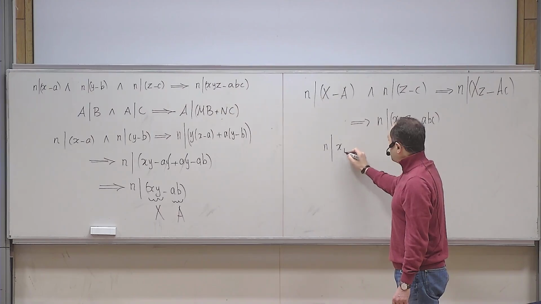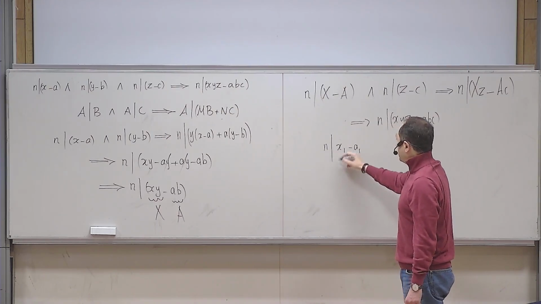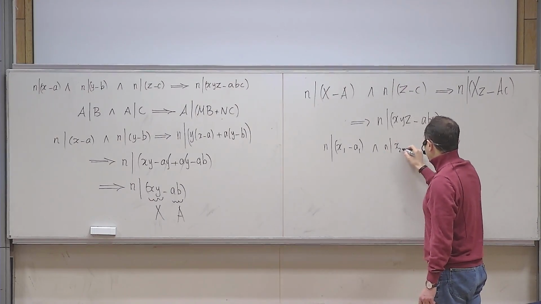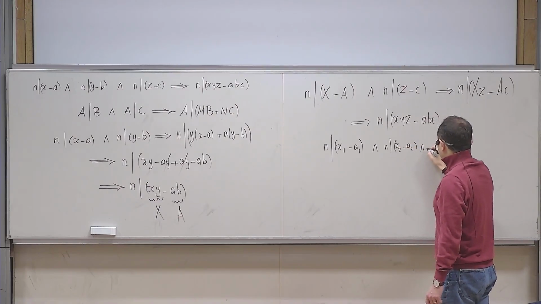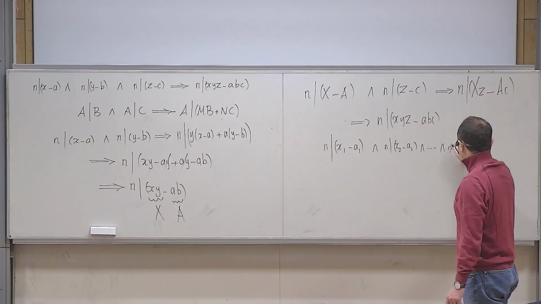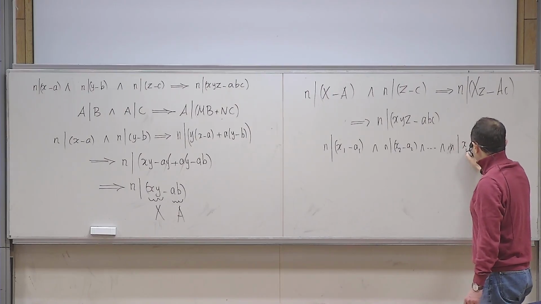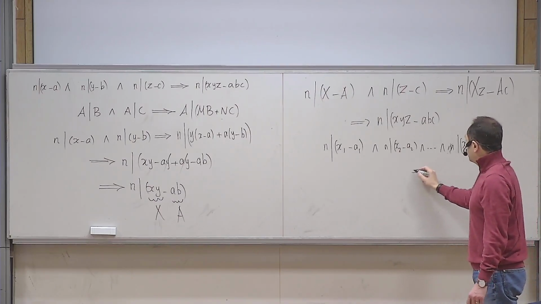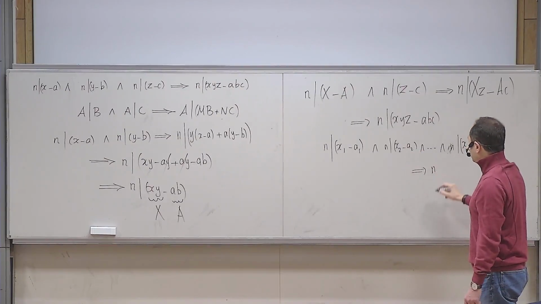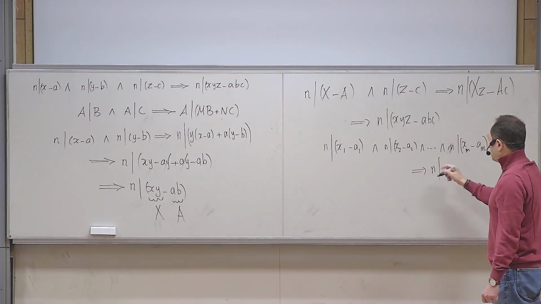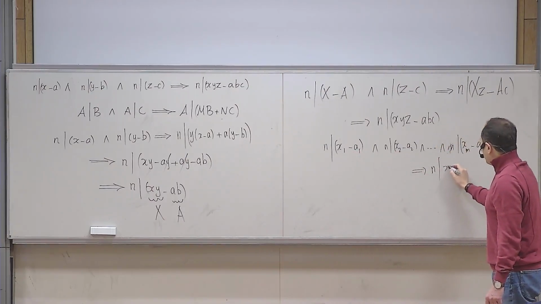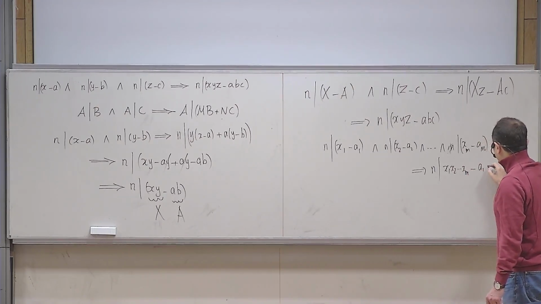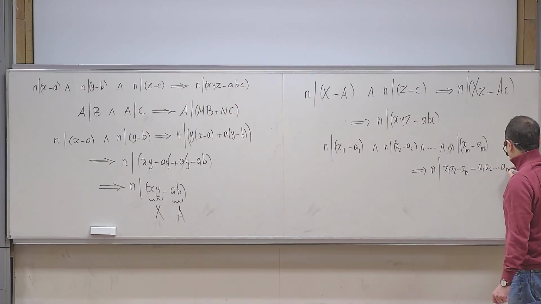So if you have n divides x1 minus a1, n divides x2 minus a2, and n divides x sub m minus a sub m, then using this kind of argument inductively, you can conclude that n divides the product of x1, x2 up to xm minus the product of a1, a2 up to am.